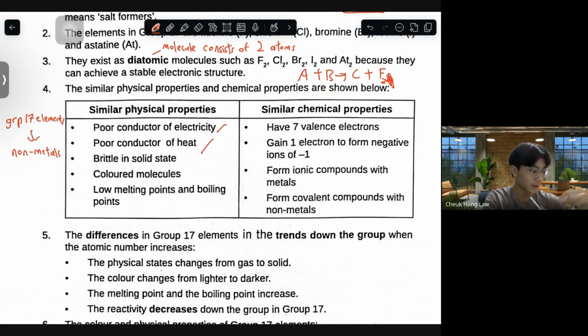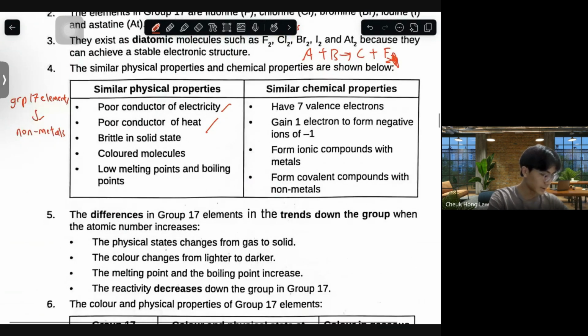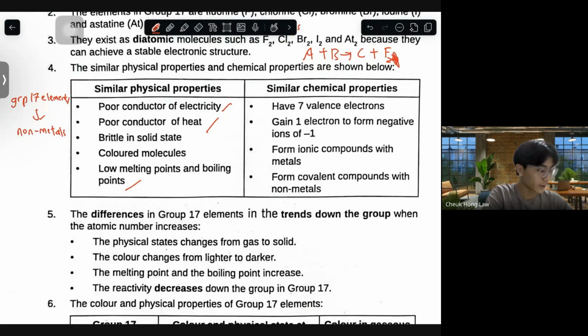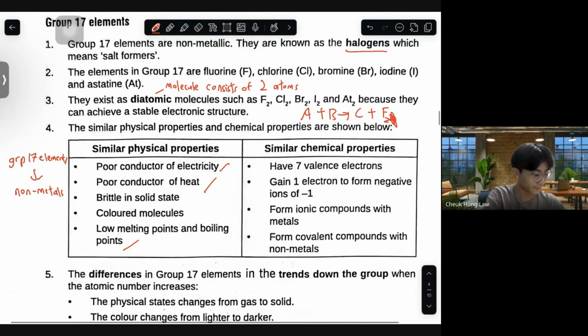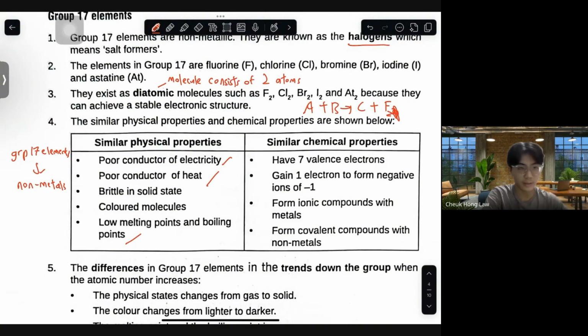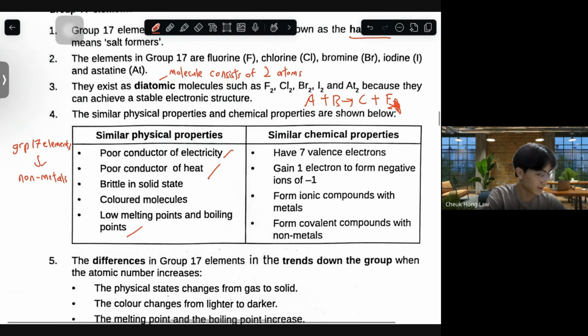So they are poor conductors. Then another one is low melting and boiling points. A lot of non-metals have low melting and boiling points. And specifically for this one, because they have weak intermolecular forces, they are simple covalent molecules. So they have low melting and boiling points.